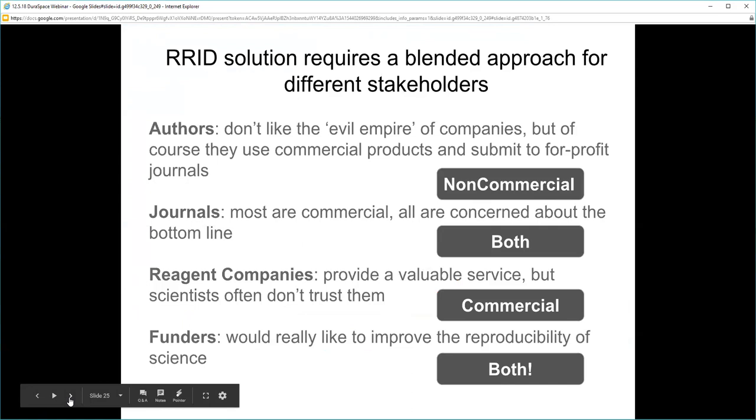Okay, so solving this problem in STEM publishing requires, we believe, a blended solution and a blended approach that really affects a lot of different stakeholders in slightly different ways. So authors obviously are a stakeholder community, and a lot of them have said, evil empire, publishing, terrible, terrible, terrible.